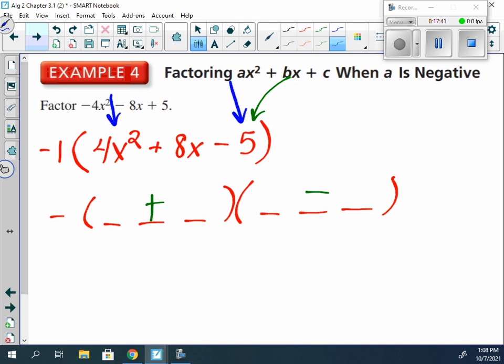So it'll be either 1 times 4 or 2 times 2. So our factors of 4 are 1 and 4, or 2 and 2. Now we can go on and put the x in x, 1 and 5, because 1 and 5 are the only factors of 5. X and x are the only factors of x squared. So our real choice to make is, are we going to use 1 and 4 first, or 2 and 2?